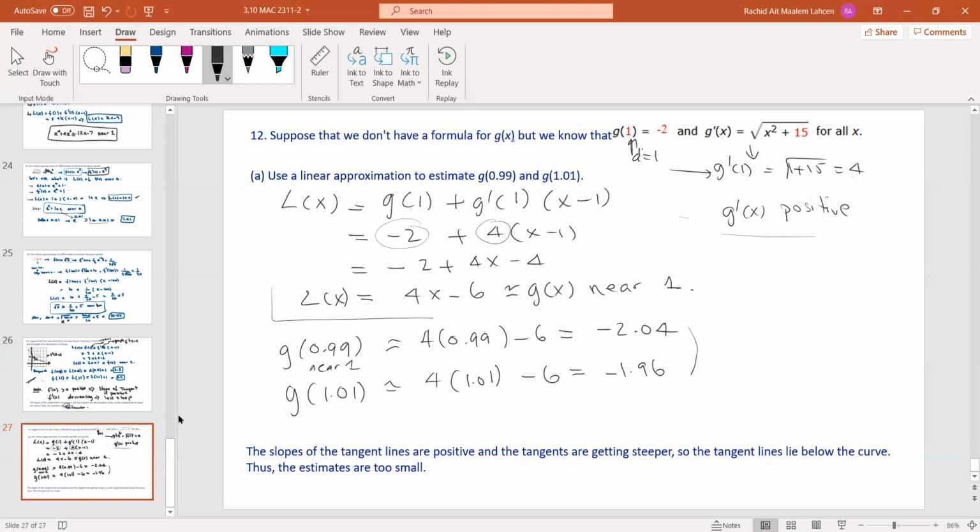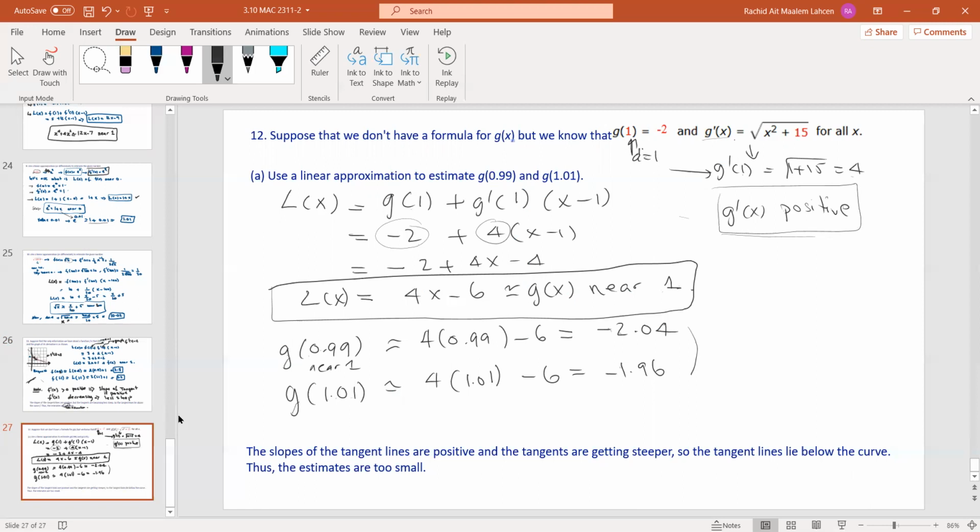And we find that although we don't know what g of x is, we know now how it should look near 1, right? Then we use that for 0.99 and 1.01. So these give us the ideas about the heights of the function. And looking at this tangent, the square root of x squared plus 15, that's always going to come out positive.